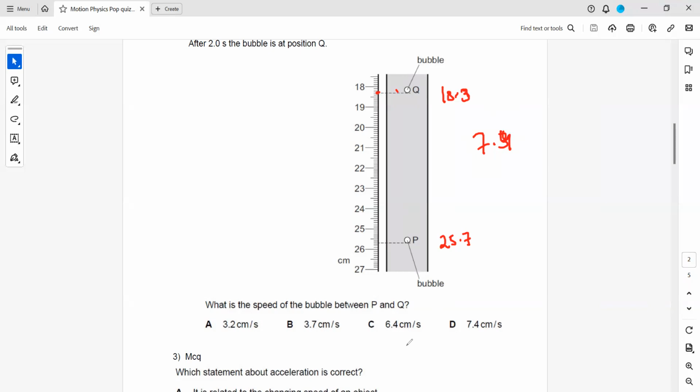So 7.4 is the total distance it traveled, divided by the time interval. It took 2 seconds to move that distance. Distance divided by time gives us the speed. So 7.4 divided by 2 gives us 3.7. So B should be the right answer.